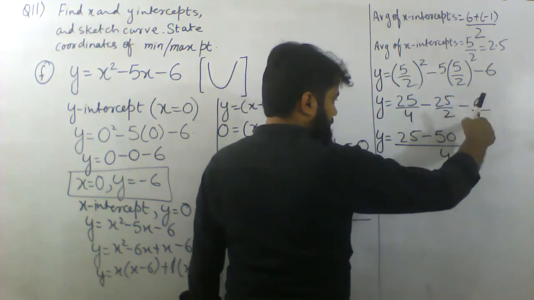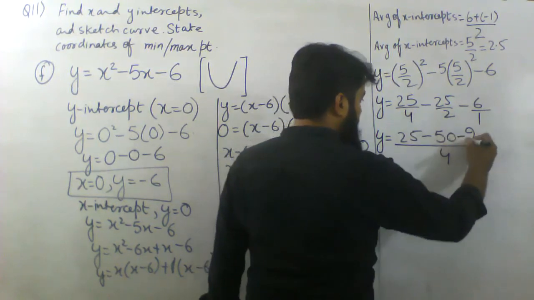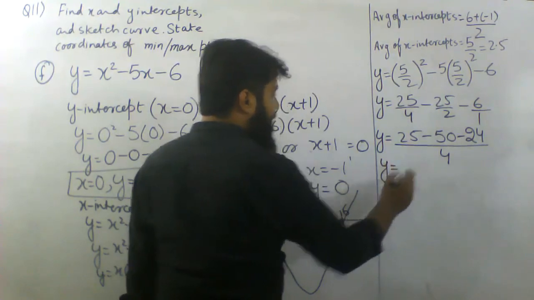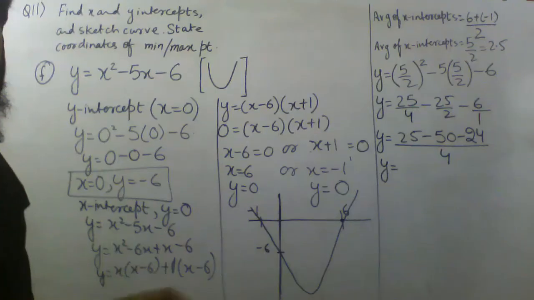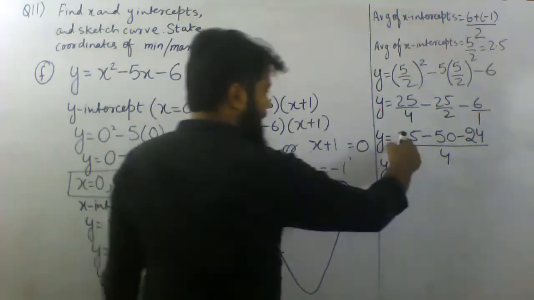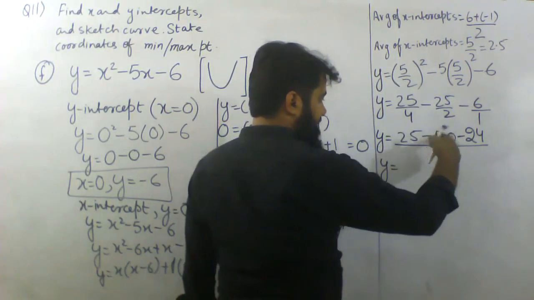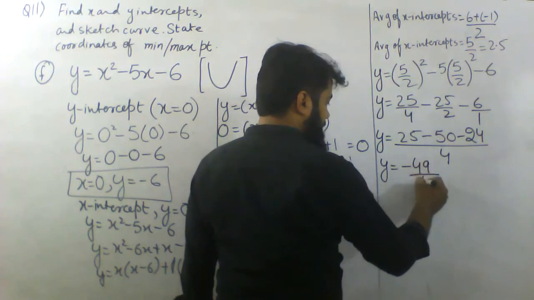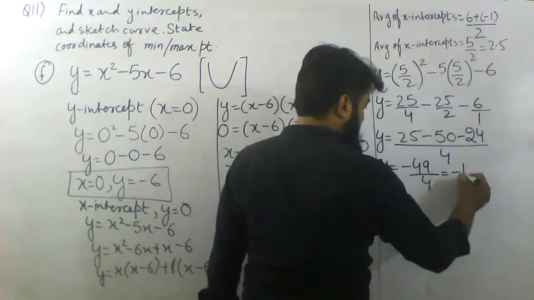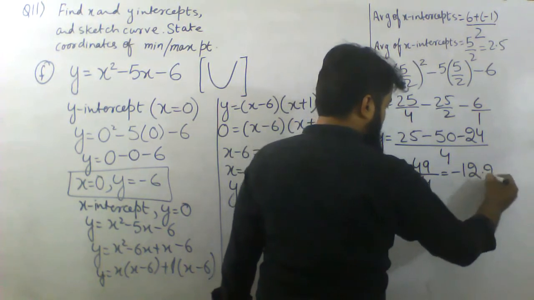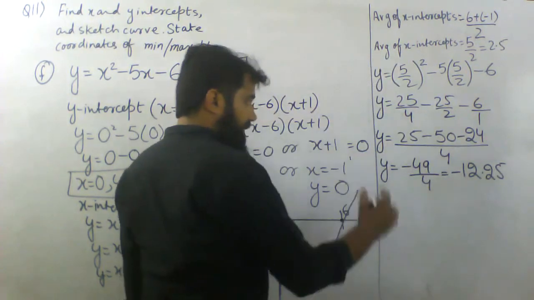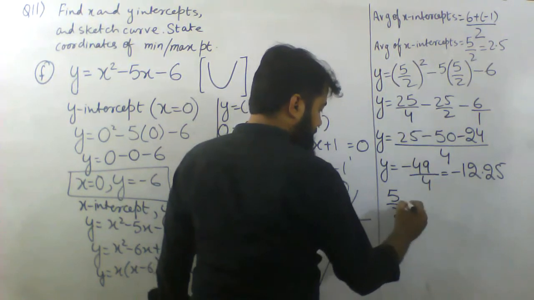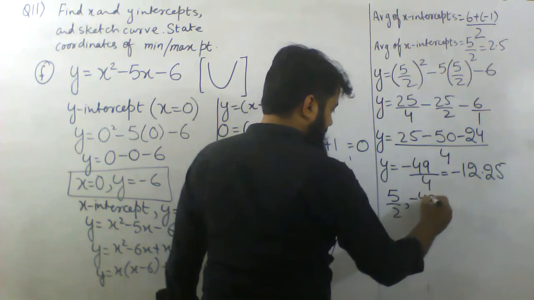And 1 fours are 4, 4 sixes are 24. So when I am going to simplify it, 25 minus 50 minus 24, the result is minus 49 over 4, and when I will simplify it, it will be minus 12.25. So your minimum or maximum point is coming 5 over 2 and minus 49 over 4.